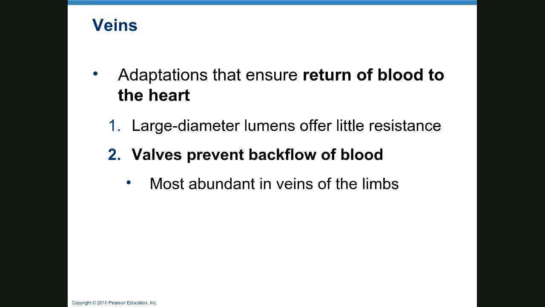It's pretty obvious how blood gets from the heart to the big toe. The heart pumps it, but you have to have several factors in line to allow it to return to the heart. First off, they have large diameter lumens, so you have less resistance pressure. You also have valves, especially in the limbs.